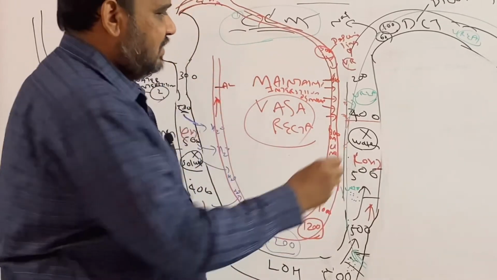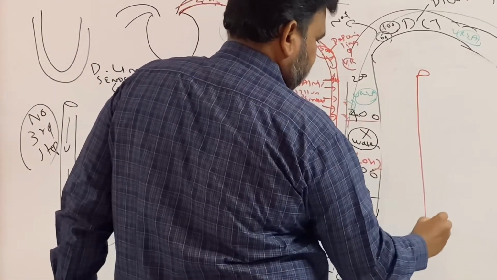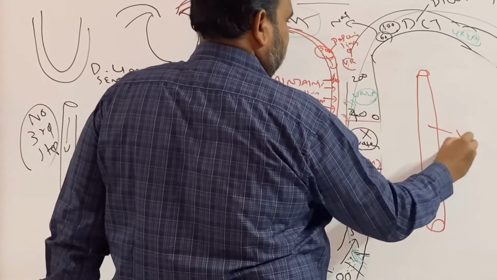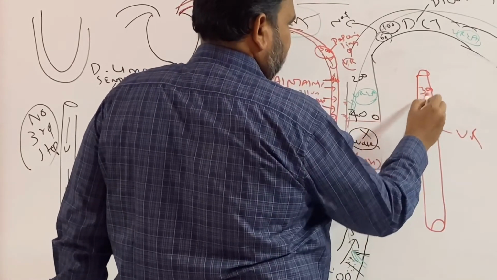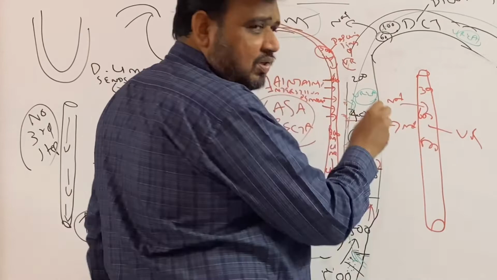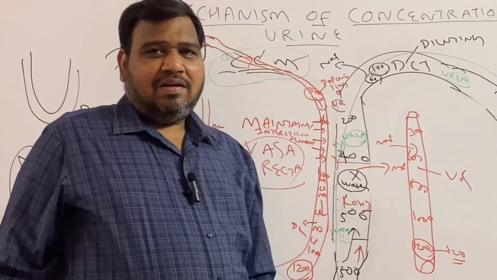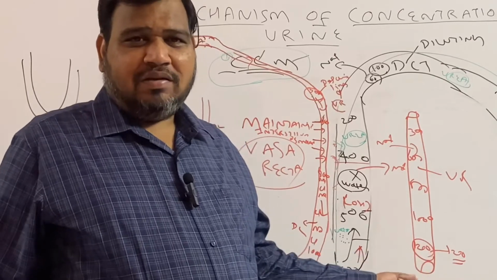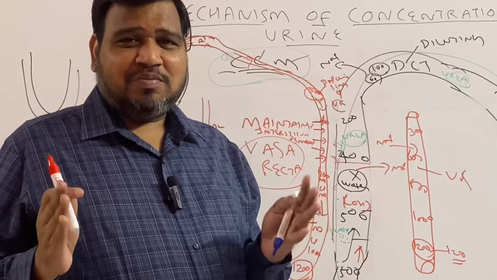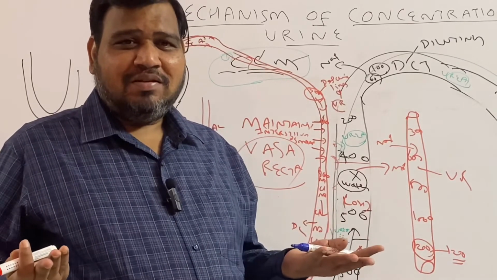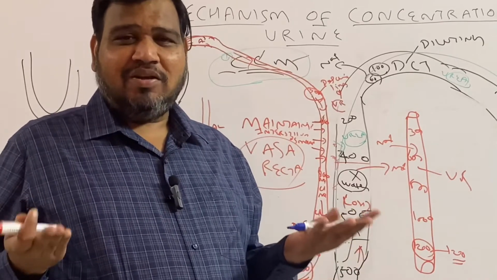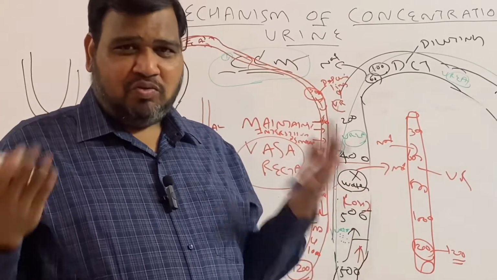If the vasa recta is like this, so this is vasa recta, 300, 600, 800, because sodium chloride is coming. Imagine if the vasa recta, that is the peritubular capillaries, is having 1200 milliosmoles osmolarity, what will happen? We can't even think of 1200 milliosmoles in a peritubular capillary. That is no way possible.